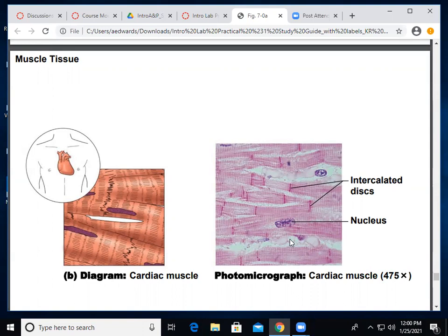One nucleus per cell for cardiac muscle tissue. They are striated. They are not voluntary. You don't have to think to make your heart beat. So then I'll put over here heart and intercalated discs. Those are things you want to remember about cardiac muscle tissue. And skeletal is attached to the skeleton.